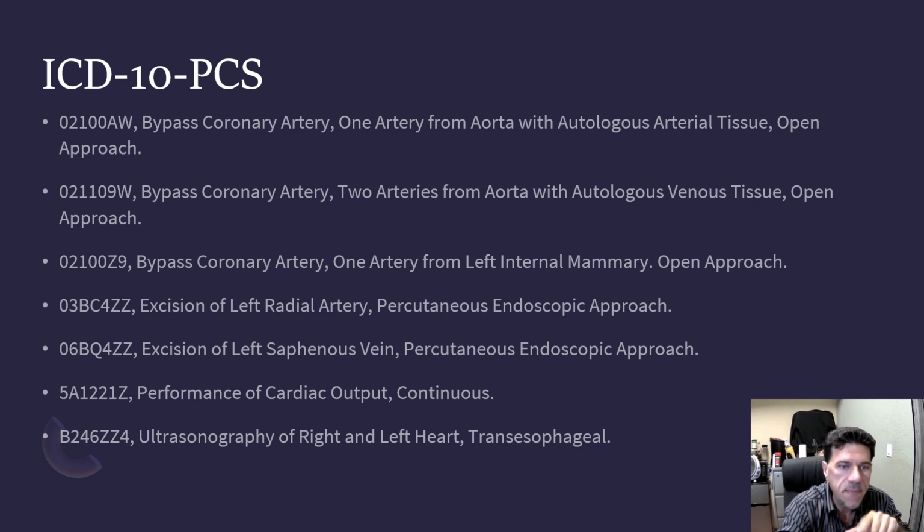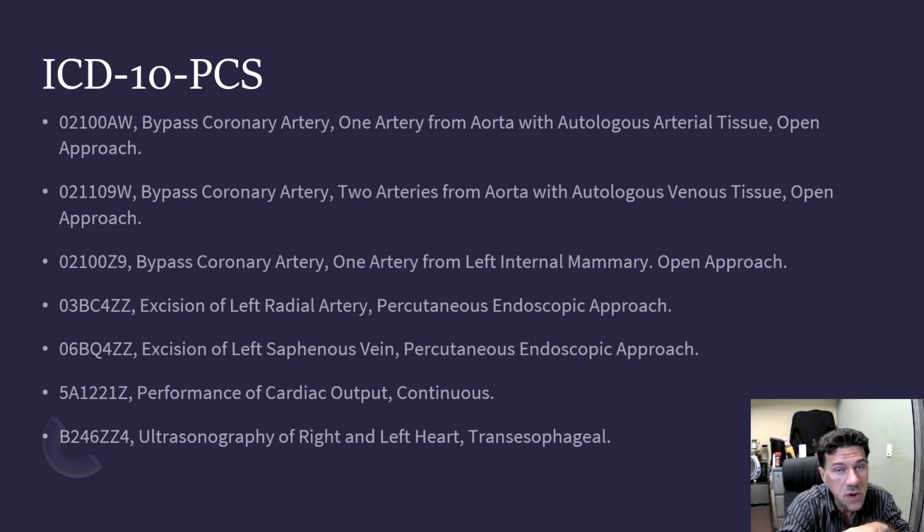So we have bypass coronary artery, two arteries from aorta with autologous venous tissue. Why autologous? Because it was harvested from the patient, right? That device was harvested from the patient to two coronary arteries from aorta, which is the qualifier, open approach.